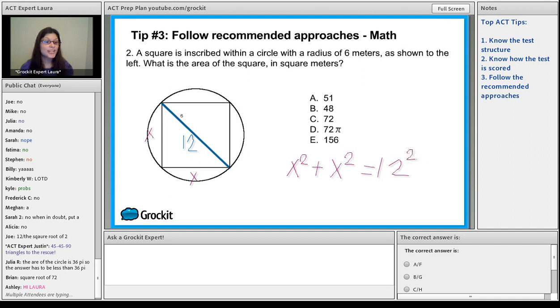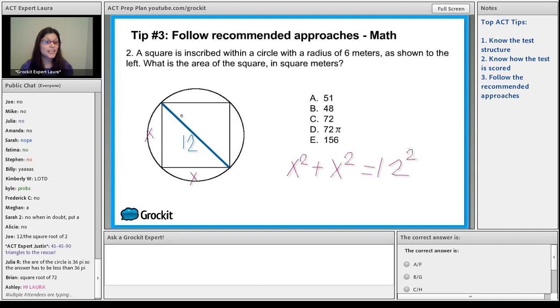It's going to be 12 divided by the square root of 2. Don't worry, if you're not sure what I meant by 45, 45, 90, then I will be able to show it to you in a later slide.